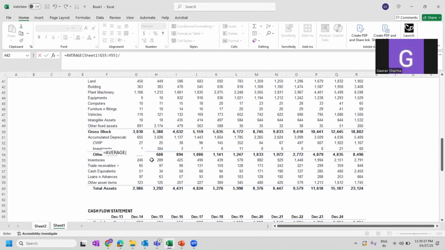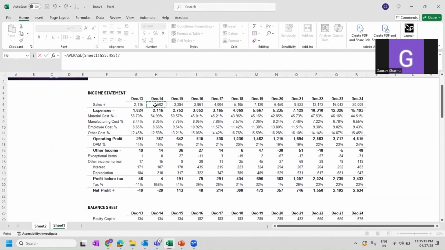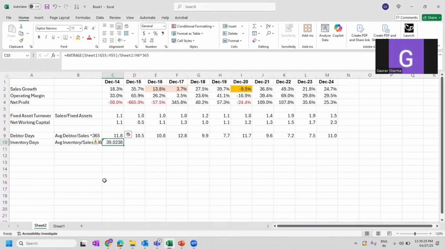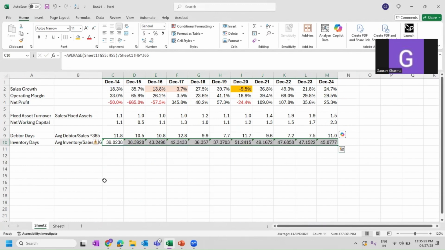we divide it by sale of the year for which we are doing the analysis, and then we multiply it by 365. We come up with something like this, which are these many days. So what does this denote?